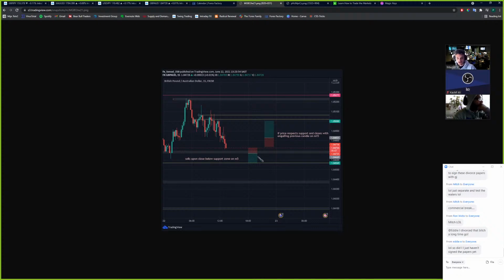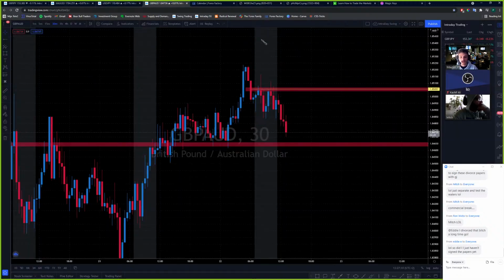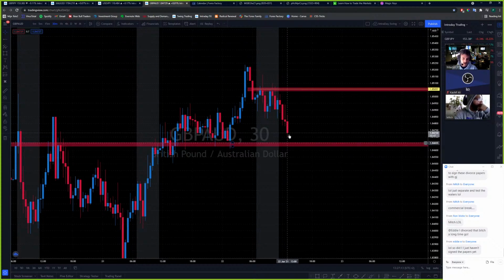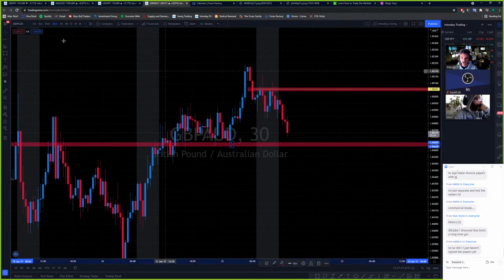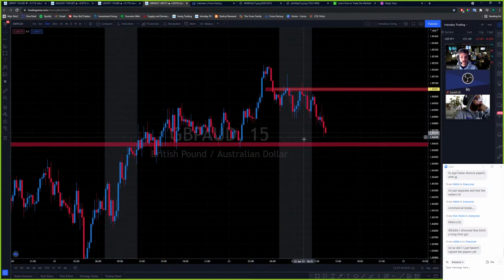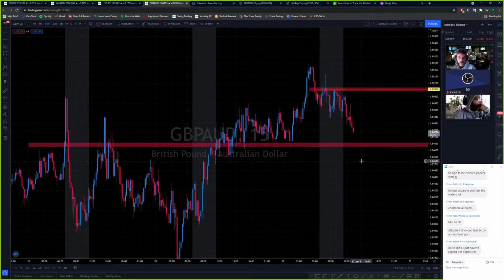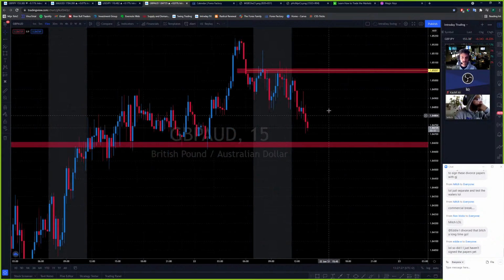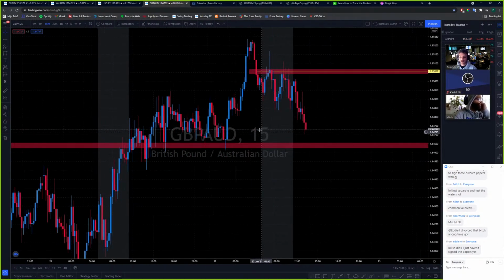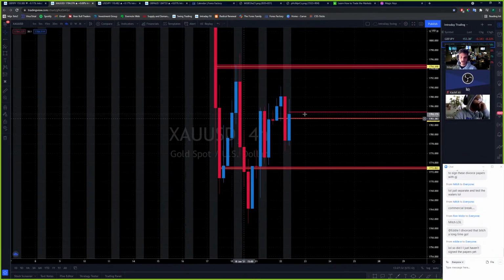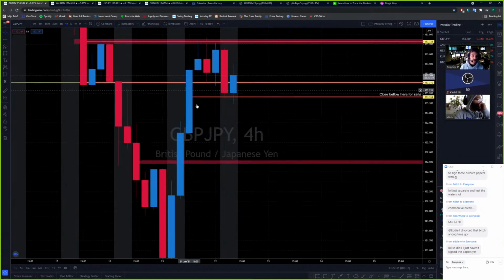For the selling analysis, I think you might want to see some form of resistance formed. I'd personally look for a resistance formed rather than just a close below. But don't let that affect your own analysis. If it's something you've seen happen over and over, you know, each pair behaves differently, and I've never paid attention to GA in a fashion that I want to trade it. I've only really paid attention to gold and GJ.